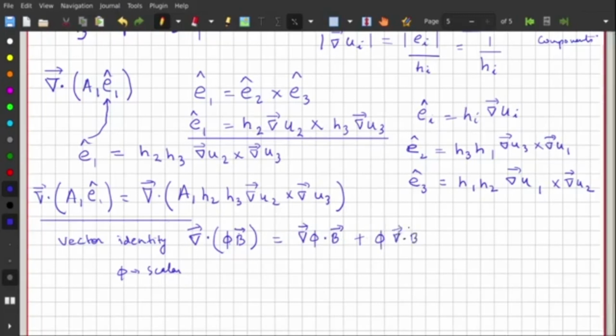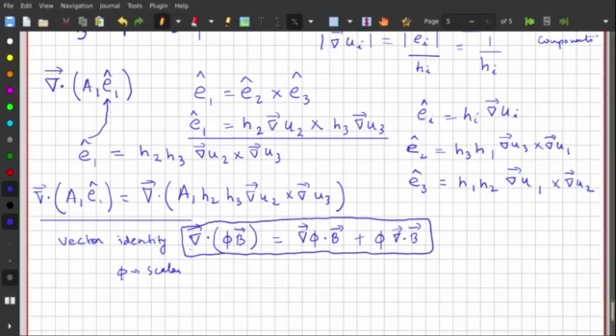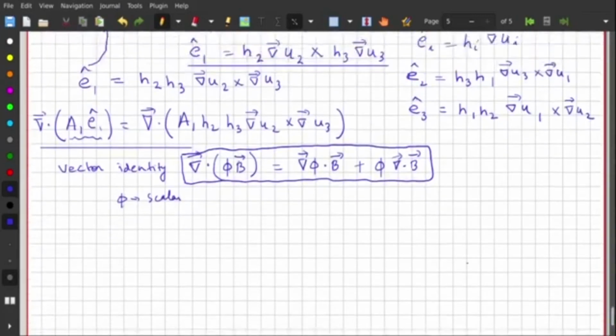Okay, so if we use this identity for A1 E1, we recognize what is phi and what is b.